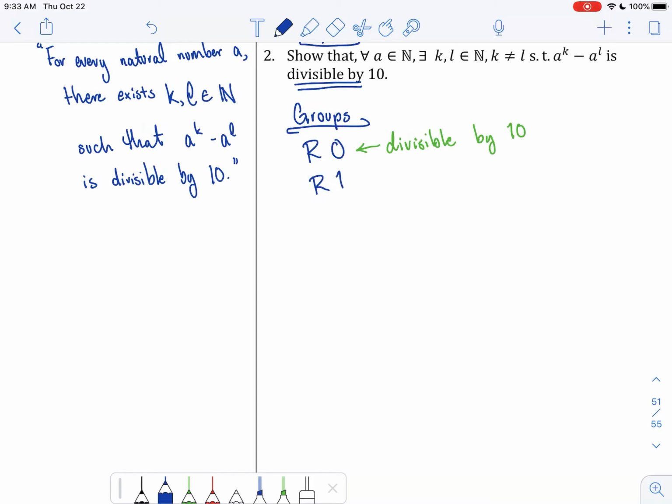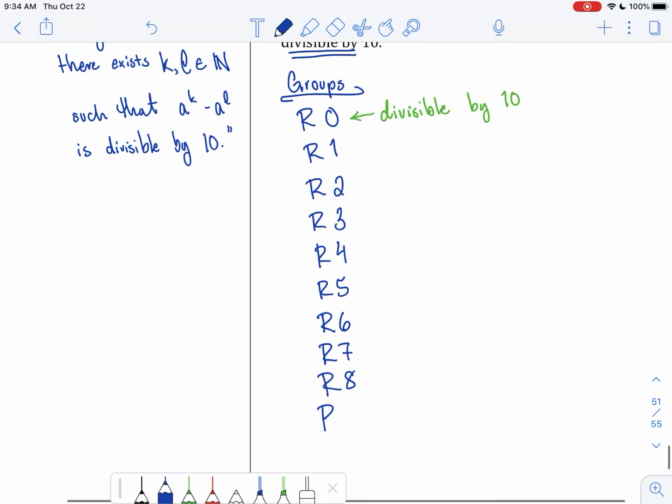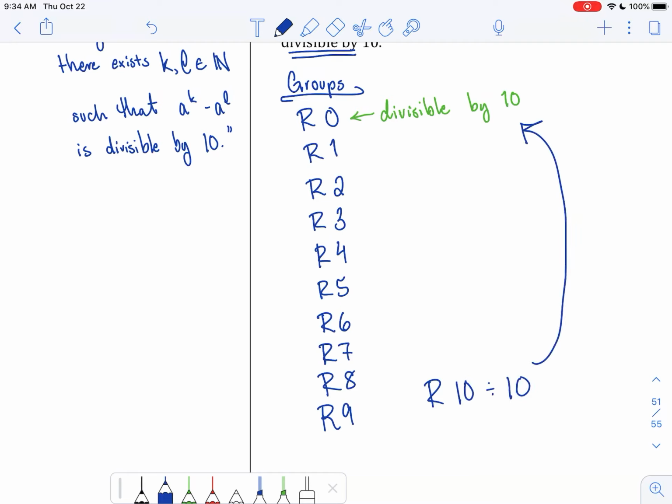You could also have a remainder 1, a remainder 2, 3, 4, 5, 6, 7, 8, and 9. And notice I stop here, because a remainder 10 would mean that it just divides evenly, and it goes back up into this group.